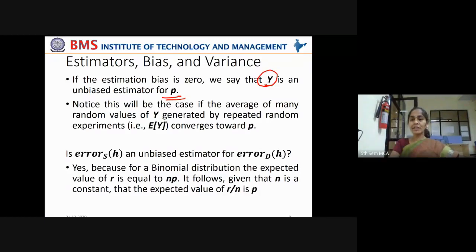Suppose your sample error is represented by y and your true error is represented by p. If the difference between y and p is 0, it indicates that your sample error is an unbiased estimate of your true error.